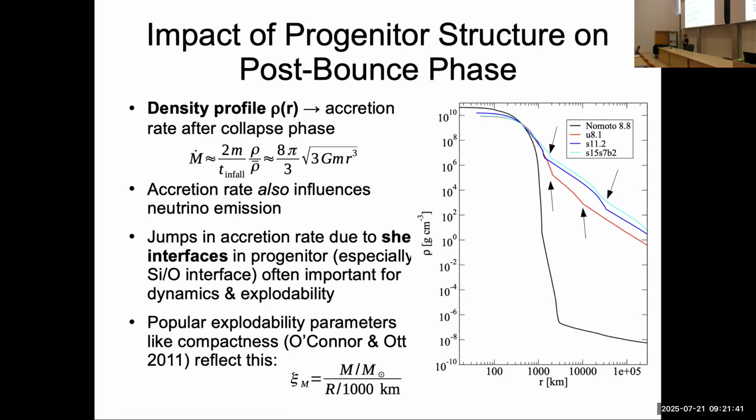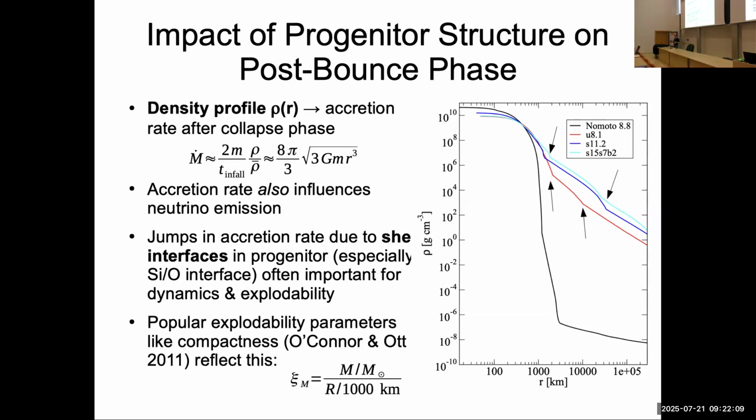The progenitor structure is effectively what dictates the accretion rate and hence also the ram pressure on the shock. That needs to be overcome by neutrino heating that generates enough pressure behind the shock to exceed that ram pressure. If the post-shock pressure exceeds the pre-shock pressure, then there needs to be adjustment to fulfill the jump conditions and the shock moves out, right?